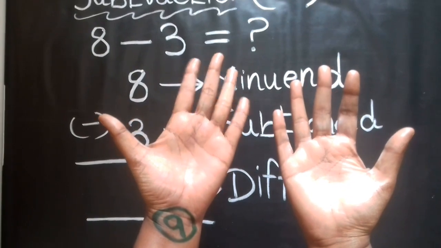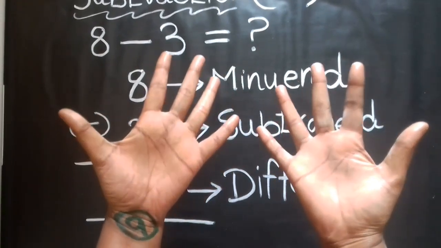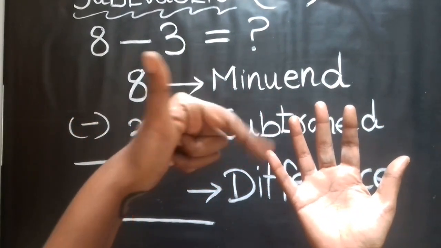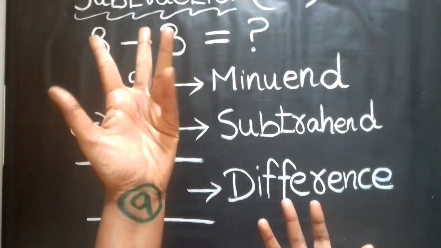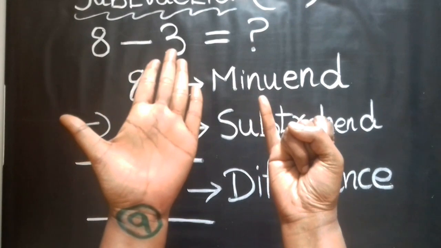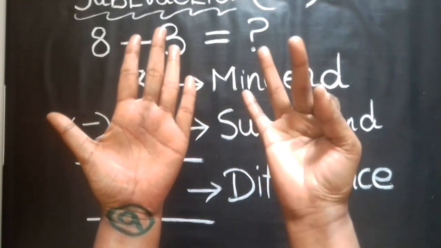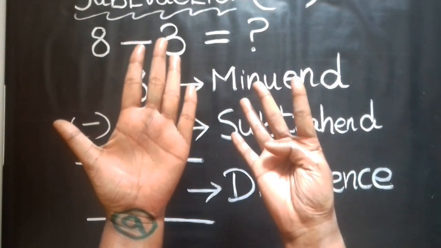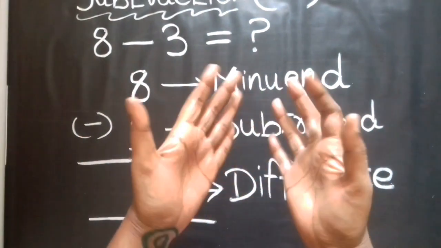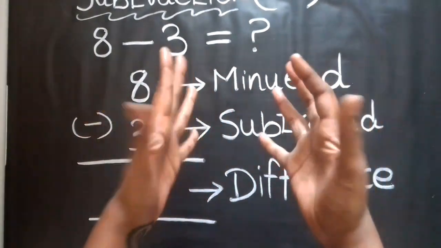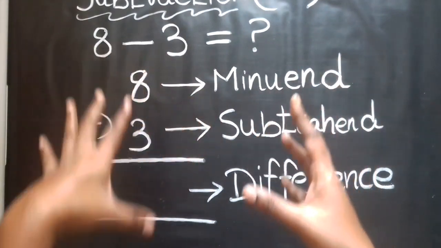Now let us count the fingers in your hands. 1, 2, 3, 4, 5, 6, 7, 8, 9, 10. So using these 10 fingers, we are going to learn subtraction now.